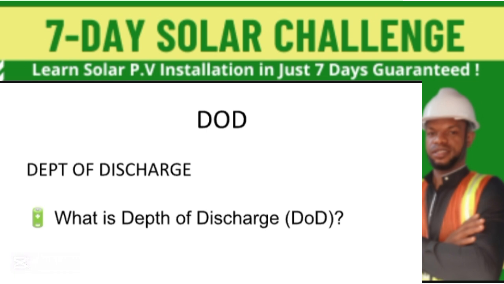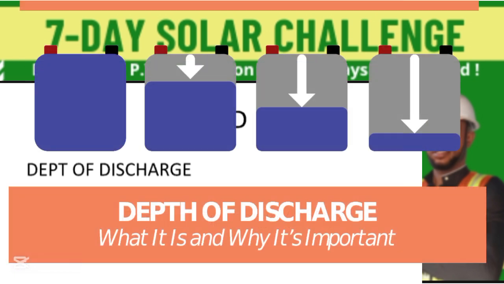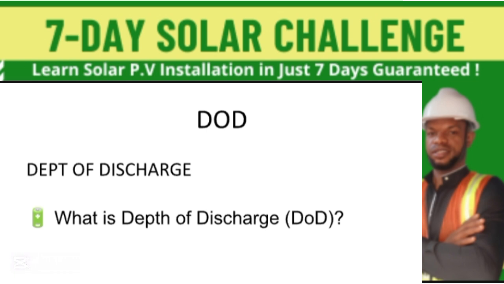So the question is, why is depth of discharge so important in solar PV design and configuration? Listen to this. Different battery types have different safe depth of discharge limits. Do you understand? So different battery types have their own depth of discharge limit.